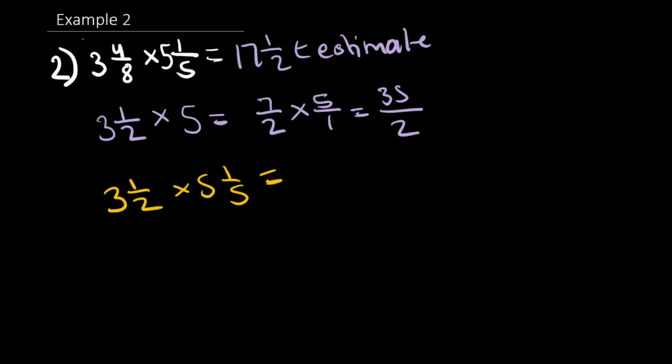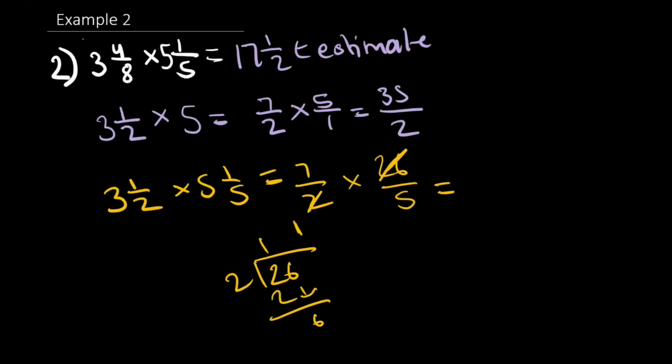Alright, so 3½ also equals 7 over 2. And then 5 and 1/5 also equals 26 over 5. And now let's multiply. So this will turn into 1. And let's divide 26 by 2.